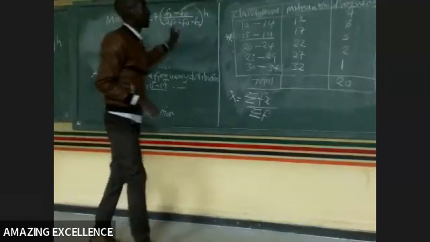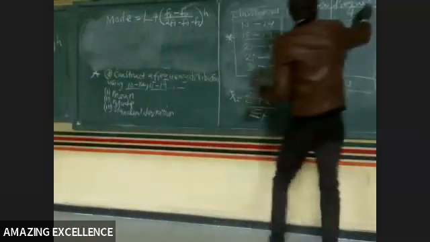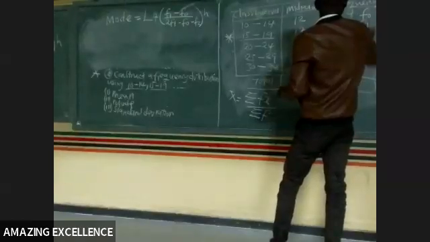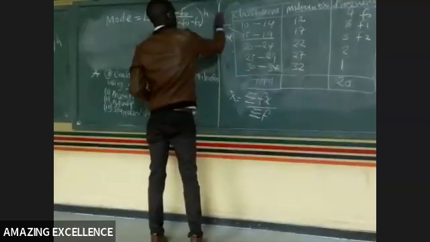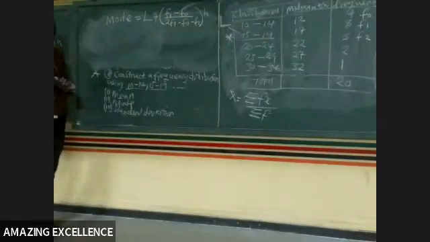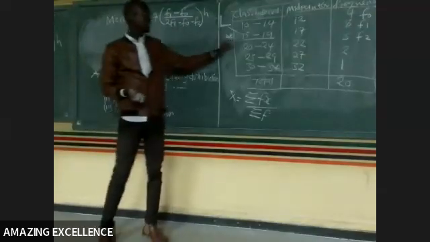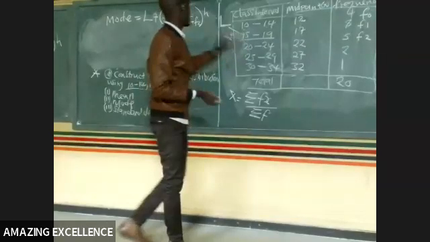Okay. Then maybe I should just label it so that you can be able to follow. F0, F1, F2, and the L. I'm avoiding writing a lot of things. I've labeled them. Now listen, I define them for you. L, I've said, is the lower class boundary. Then what is F1?